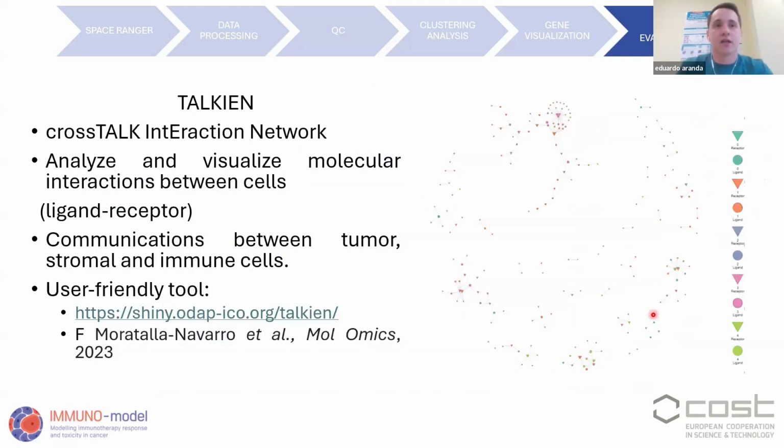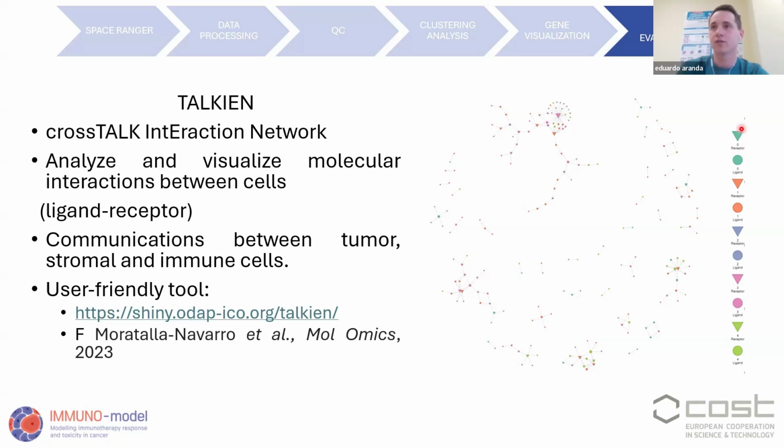Another tool that we use to evaluate the tumor microenvironment is Tolkien. For that, we analyze in each cluster the genes that are differentially expressed with respect to the rest of the samples, and we pass these genes to the Tolkien tool, which was co-developed by our group leader, my supervisor. This tool is very useful to visualize the molecular interaction between the clusters, as we can see here.